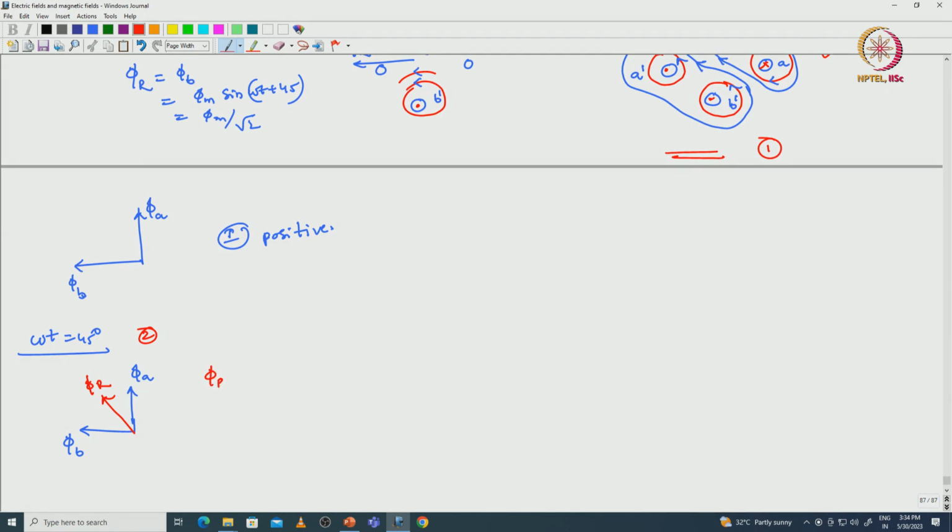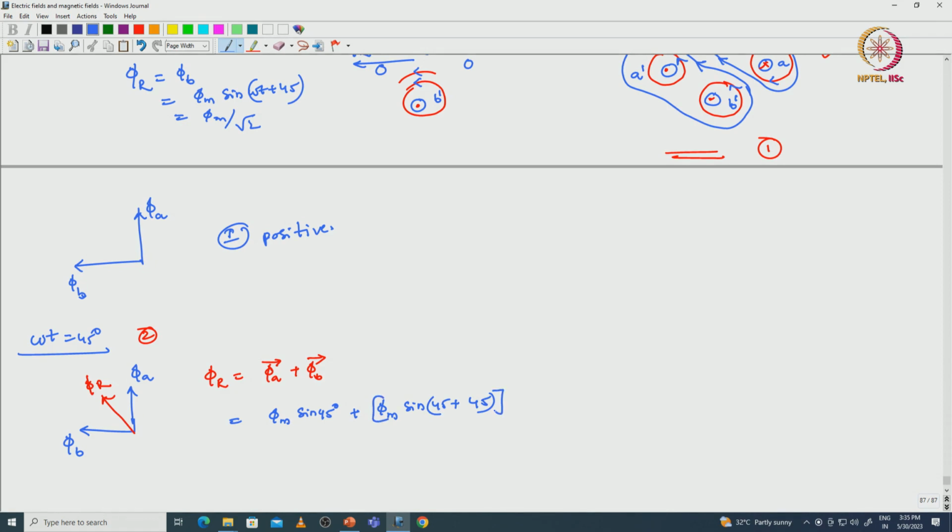Here the phi r magnitude is nothing but phi a vector plus phi b vector; we have to do vector addition. Phi a is phi m sin 45 degrees, plus phi b is phi m sin 45 plus another 45 degrees.